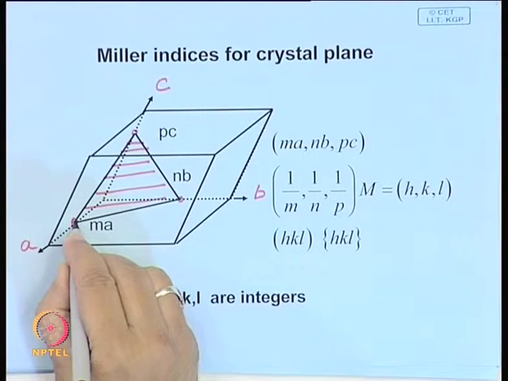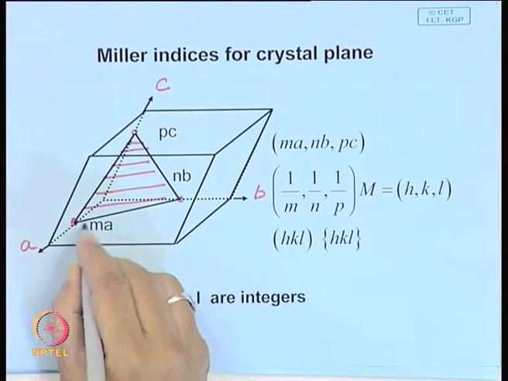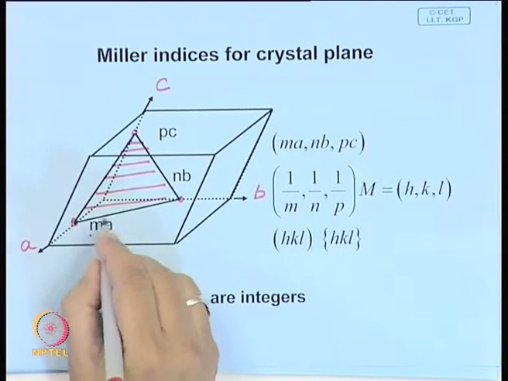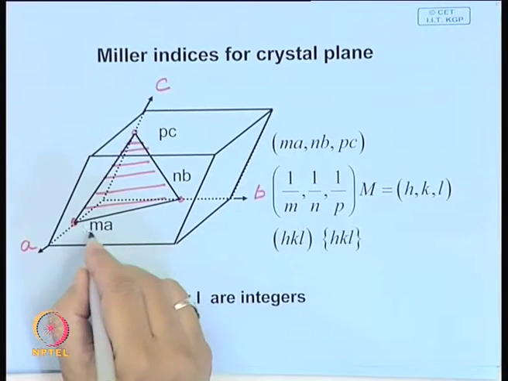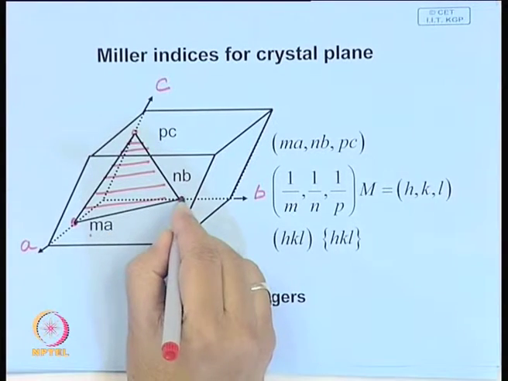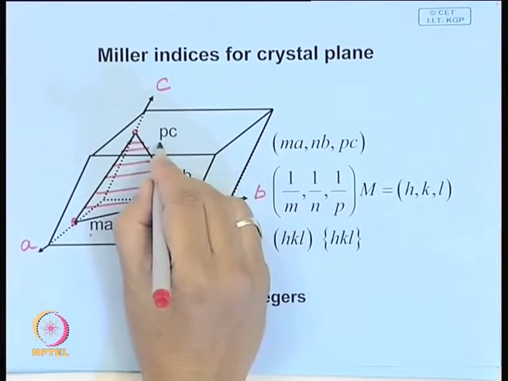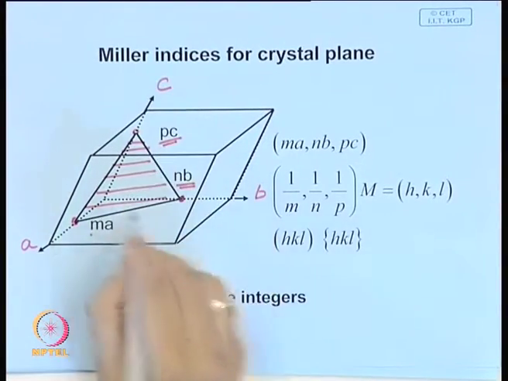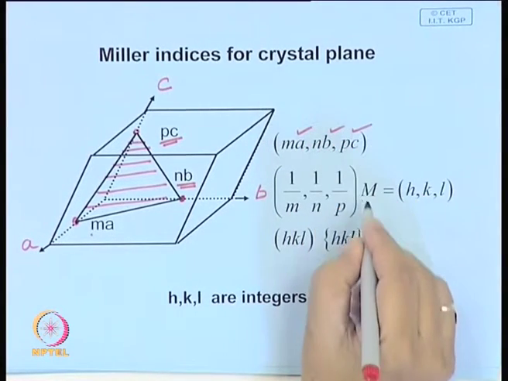It intersects at a point which is m times A. Now, m is any magnitude, it can be less than 1, it can be more than 1, not necessarily an integer. Here the intercept is n times B, and along C the intercept is p times C. So, write down these intercepts.